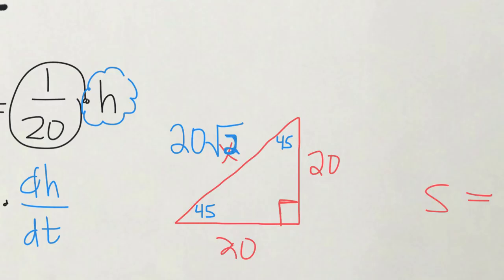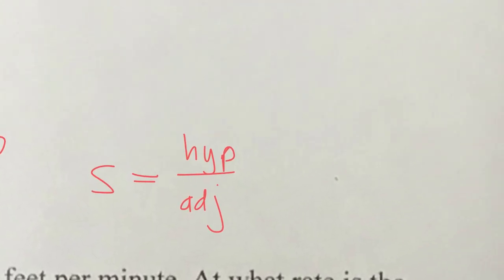Okay. Now we could have found that using the Pythagorean theorem also. 20 squared plus 20 squared equals 800. And then if we simplify the square root of 800, we would get 20 roots of 2. And it's okay if you decimalize that, that is just fine. So the secant: the hypotenuse was 20 roots of 2, divided by our adjacent side, which is 20.